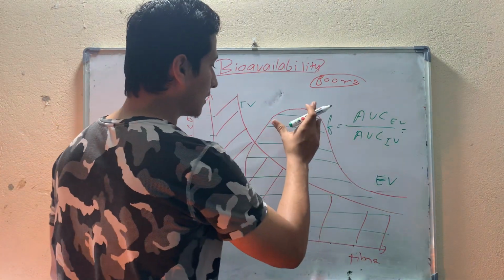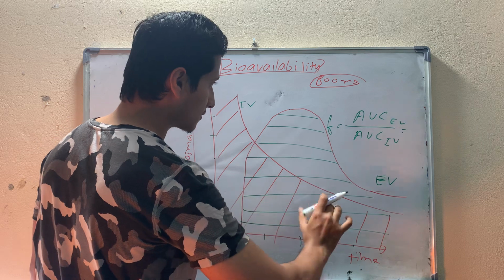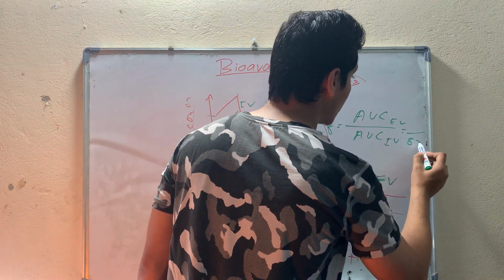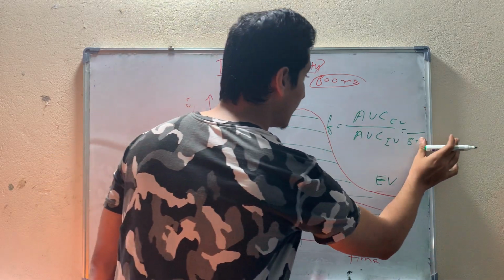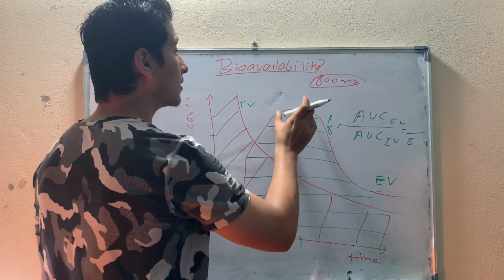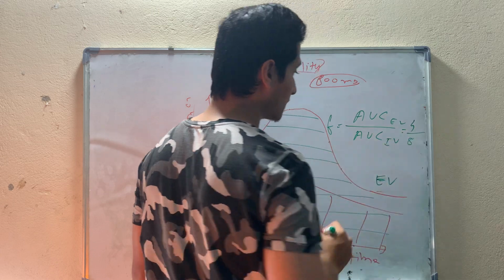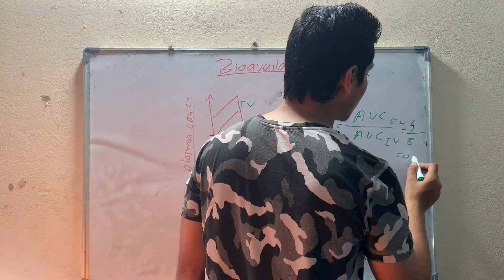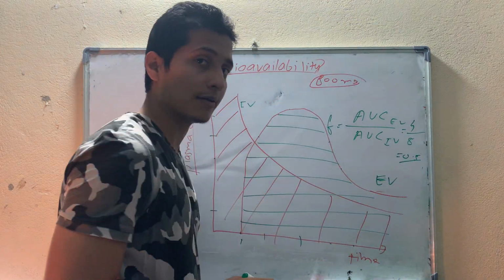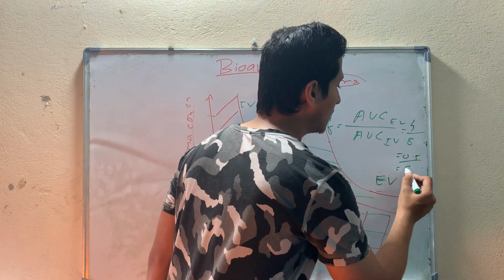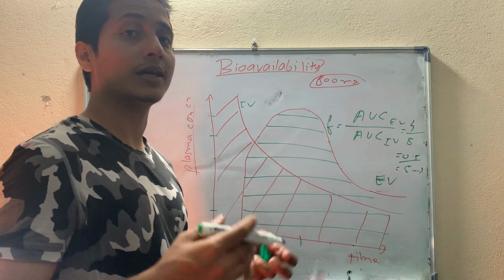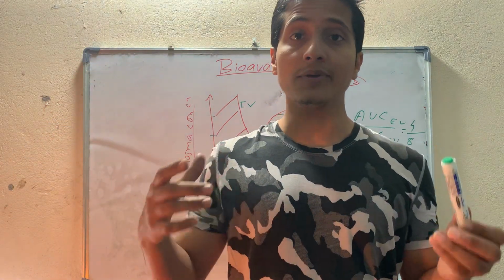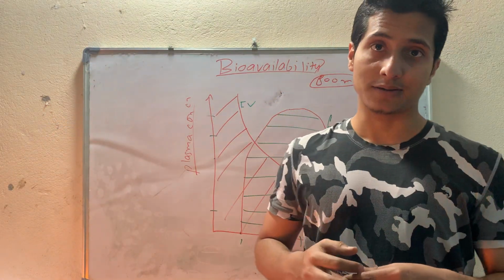So suppose the area of this curve comes to be 8, and the area under this curve comes to be 4. Now, the bioavailability of the drug becomes 0.5. In percentage, we can express it as 50%. So this is how we can determine the bioavailability of the drug by the experimental method.